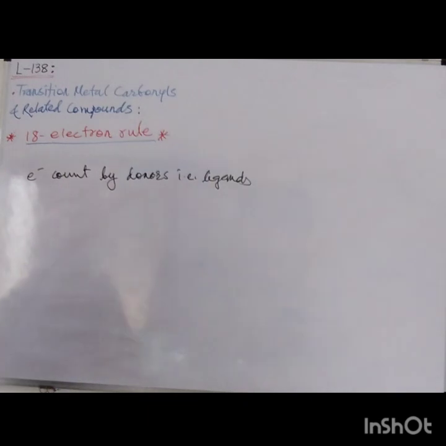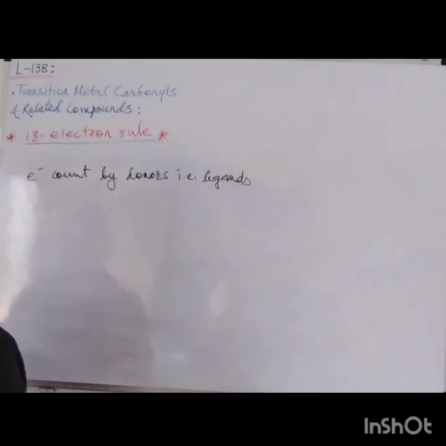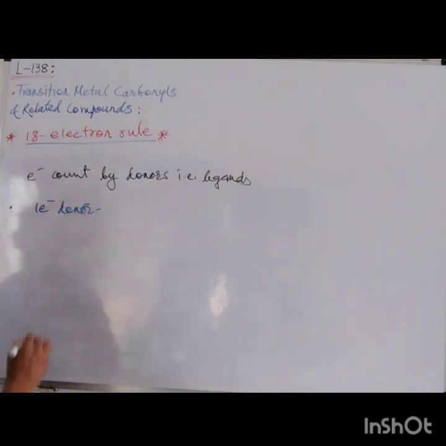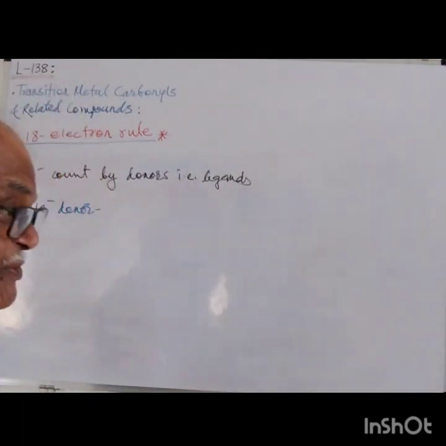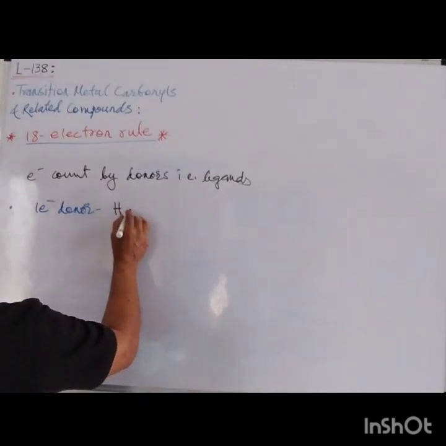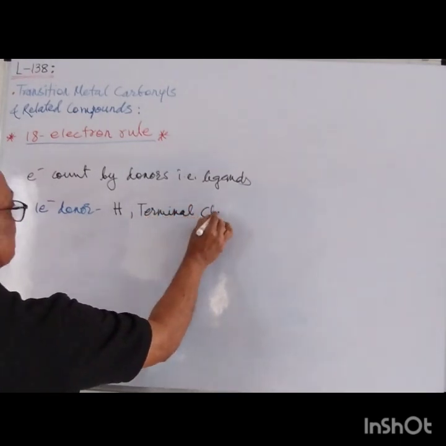Depending upon the number of electrons contributed, we are classifying the donor atoms. First we will see the 1 electron donors. These are the hydrogen atoms. Then terminal Cl.